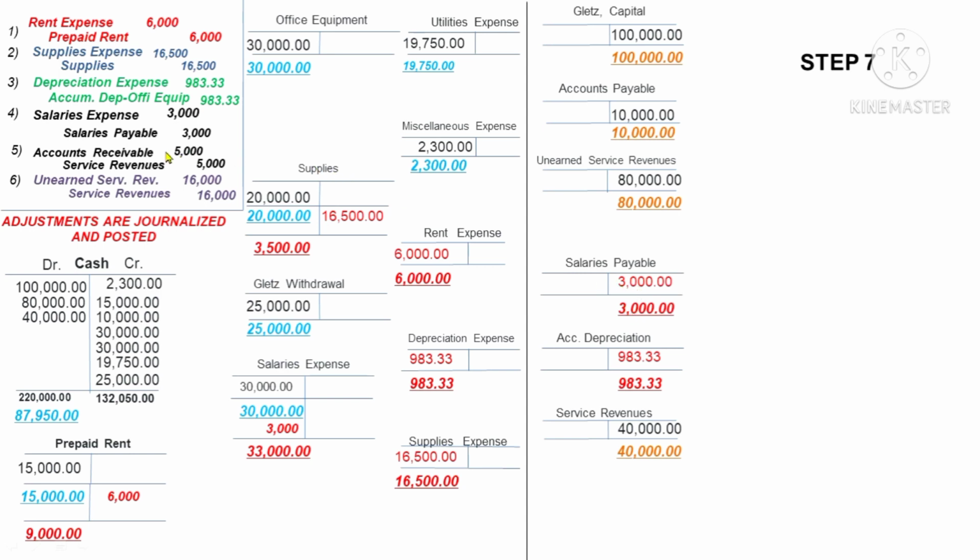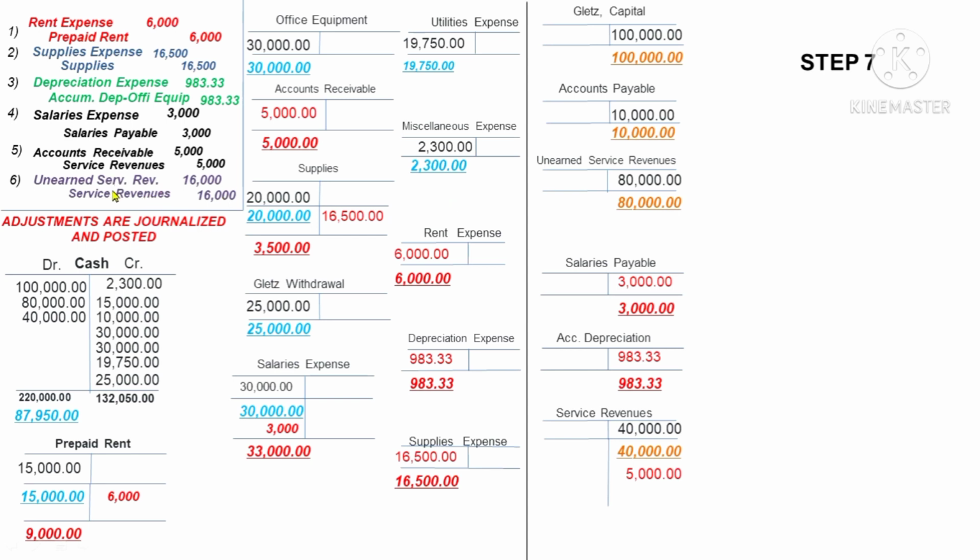The fifth adjusting entry is debit accounts receivable. So there is no T account yet. So let's prepare one. So we have debit 5,000 and credit service revenues of 5,000. So we have here the service revenues already. We just have to add the 5,000. And lastly, we have debit unearned service revenues of 16,000 and credit service revenue 16,000.